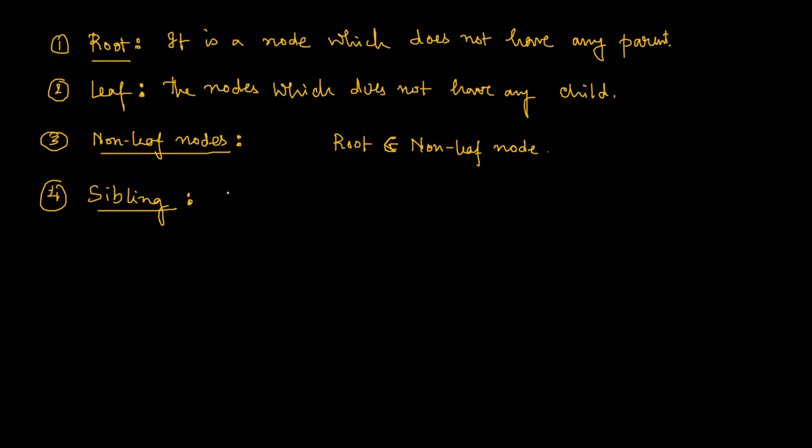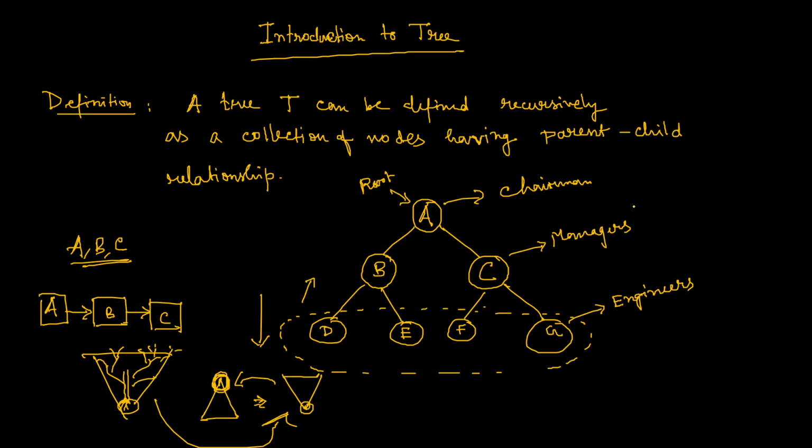You can say the children having the same parent. Normally we use these words frequently in our daily life, and the word has the same meaning in the data structure subject also. So you can say that here B and C are siblings, D and E are siblings, but not E and F. F and G are siblings, right?